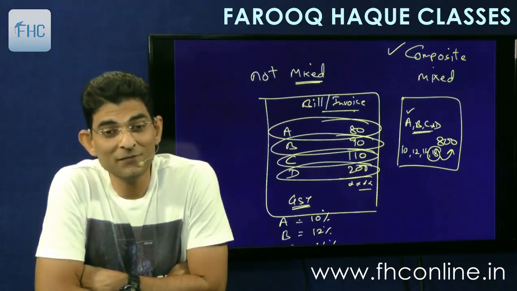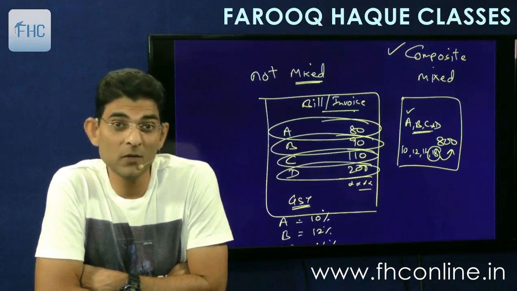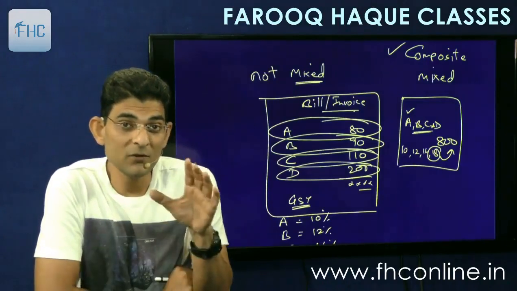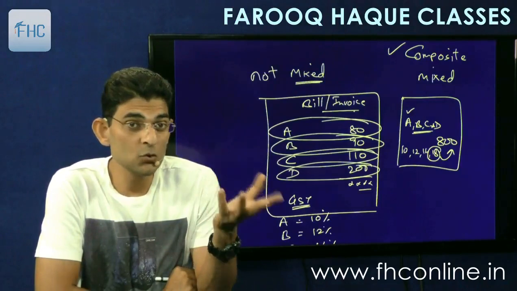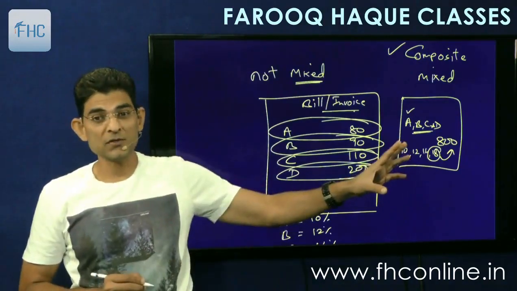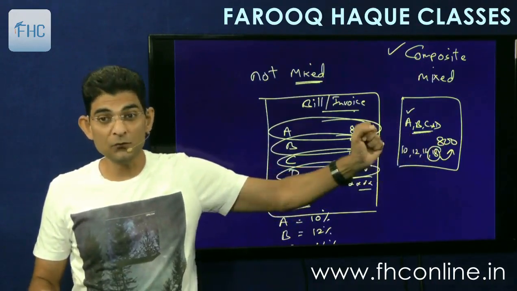Therefore, government has said that we'll apply the highest rate. If you are bundling two different things together, then your intention is tax avoidance. So to stop tax avoidance, the government says, apply the highest rate. So whenever you apply the highest rate, there is no scope of tax avoidance. In fact, you are at a loss, because 800 rupees includes the value of all the 4 items.